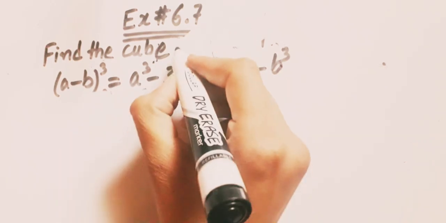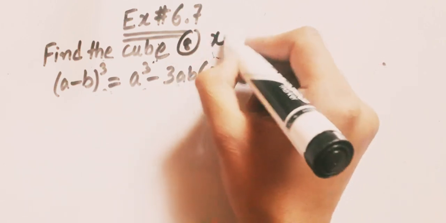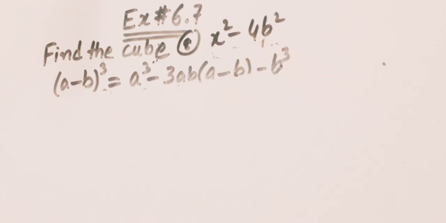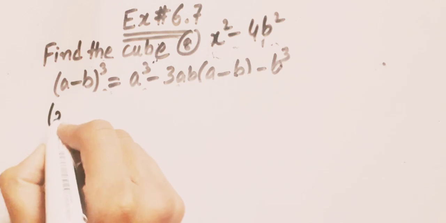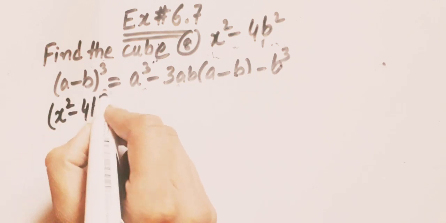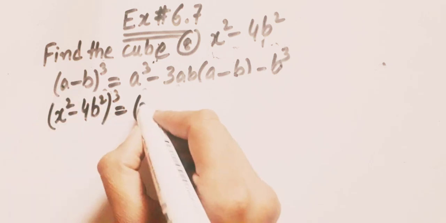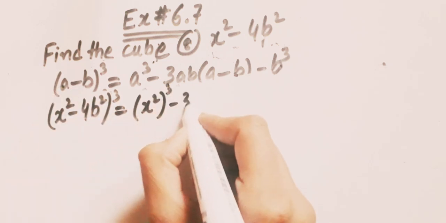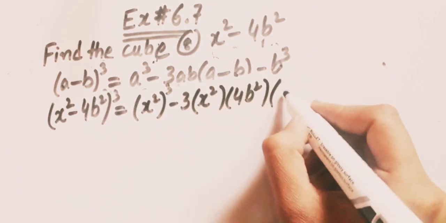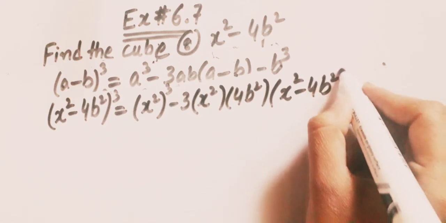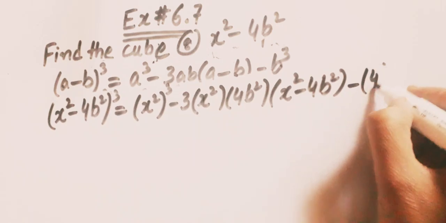Now we will solve question number 8, that is x square minus 4b square. We will apply the formula of a minus b whole cube on this x square minus 4b square cube. a cube is equal to, a is equal to x square, so x square cube, minus 3 into x square into 4b square, a minus b is x square minus 4b square, and b cube is equal to 4b square cube.